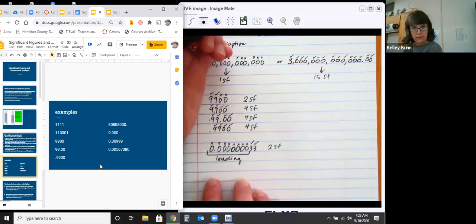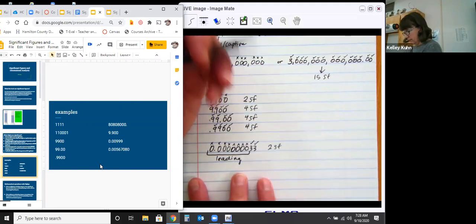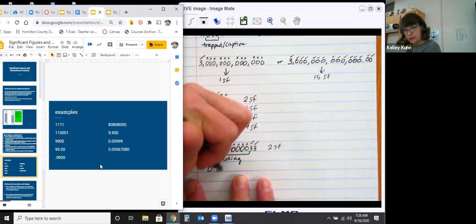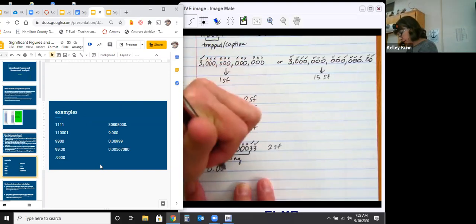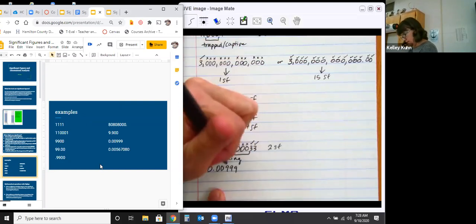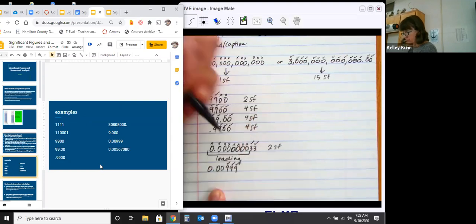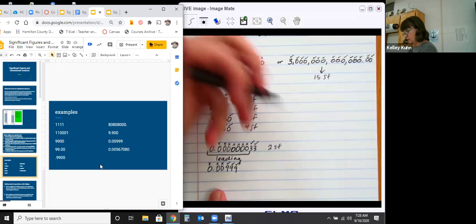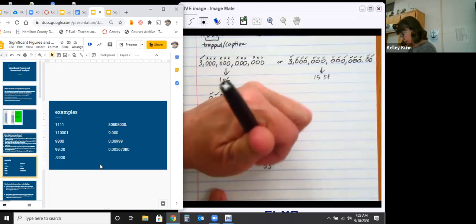And you'll notice that we have one that's kind of in this category, 0.000999. So the 9s count because they're not zeros. But these are leading zeros, so they will not count. So we will say this has 3 sig figs.